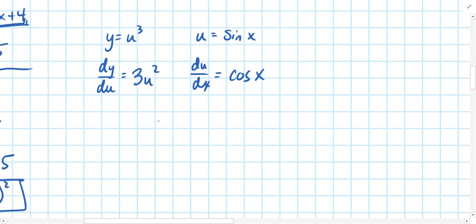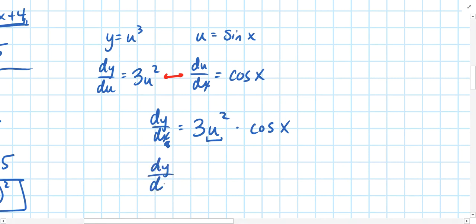And to find dy dx, I multiply these two together, dy du and du dx. So I've got 3u squared times cosine x. Once again, we don't like the letter u because that's not the variable in question. So I need to change that u to some combination of x, which happens to be 3 times sine of x.